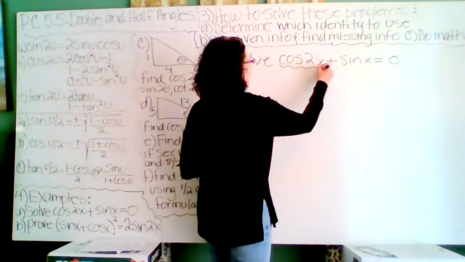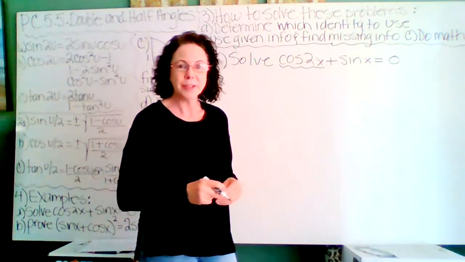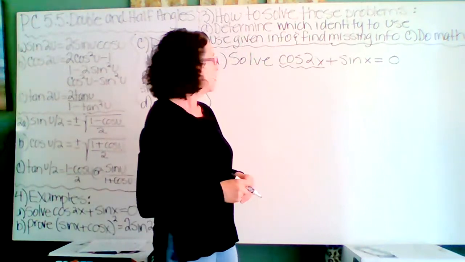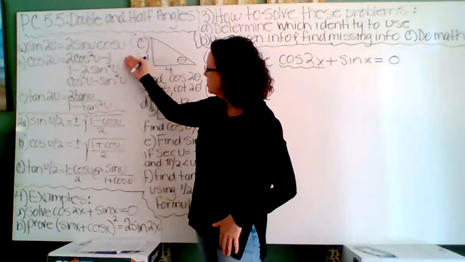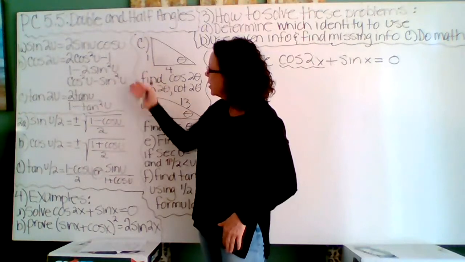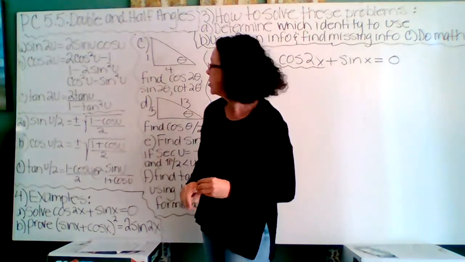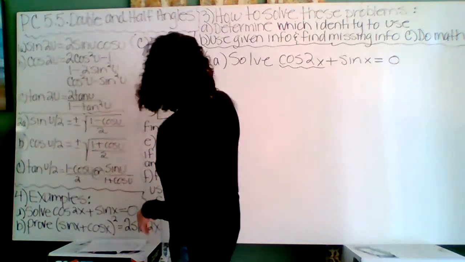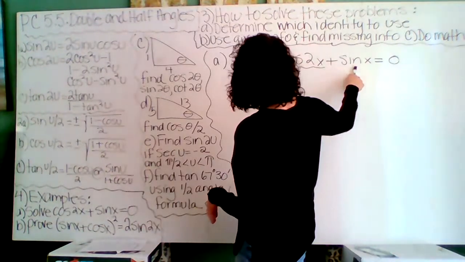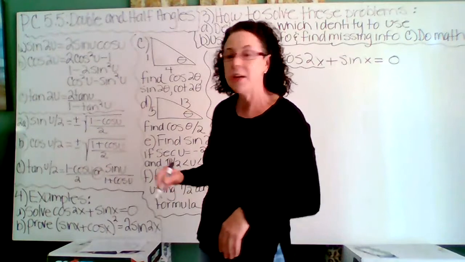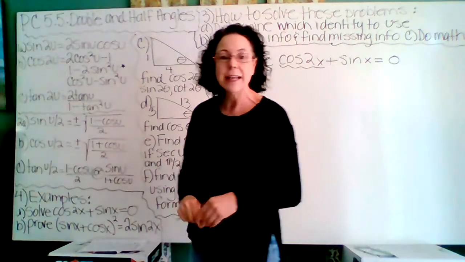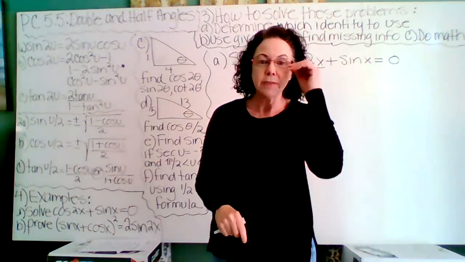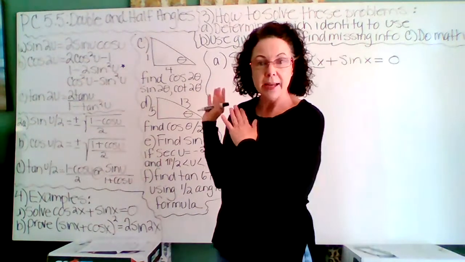So this means to me that I have to replace cosine of a double angle with a single angle identity. I have 3 to choose from, 1, 2, and 3. Any of these 3 would be just fine. But I think based on the fact that I have sine of x in my equation, I would want to pick the middle identity so that I only have sines in my equation.